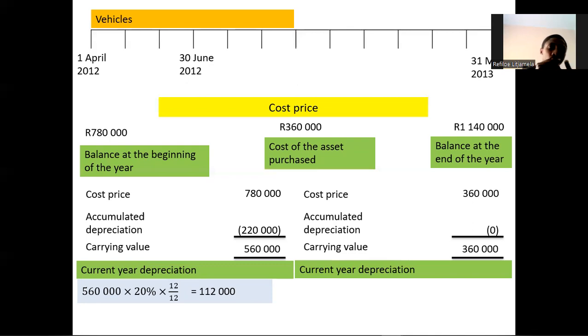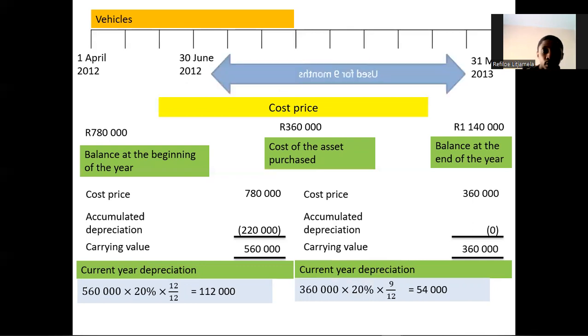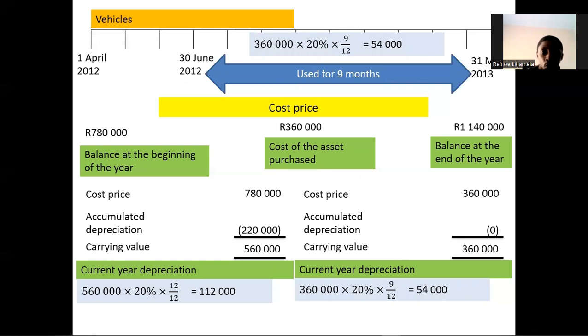So it's July, August, September, October, November, December, January, February. That is March. I will count March because it's up to the end of March. So that will be 9 months. So I'm simply going to multiply this by 9 over 12, proportionate over 9 months, because we've used it for 9 months. And 9 months depreciation on this new vehicle will be 54,000.